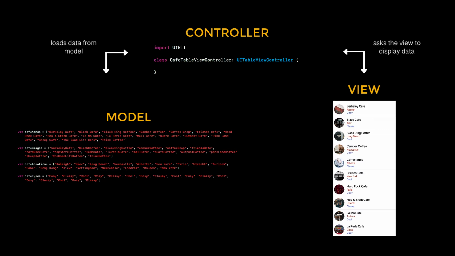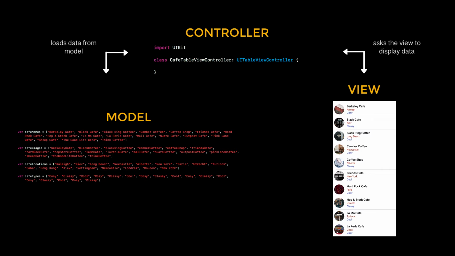So the controller loads data from the model and then asks the view to display data, okay? The cafe names object, which is an array, is the model. Each table row maps to an element of the cafe names array. The UI table view object is the actual view to be seen by a user. It's responsible for all the visuals.